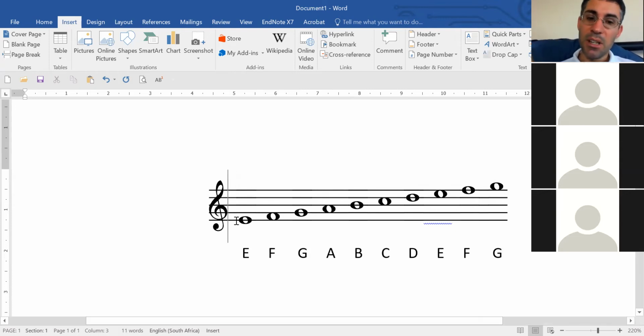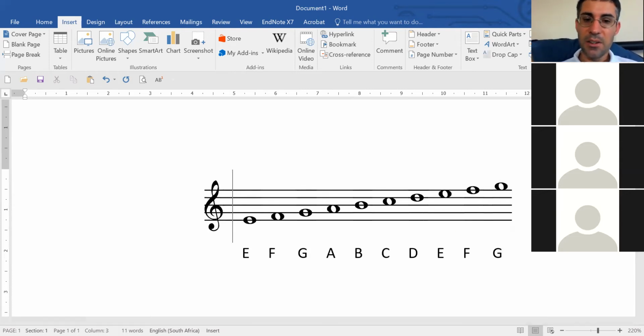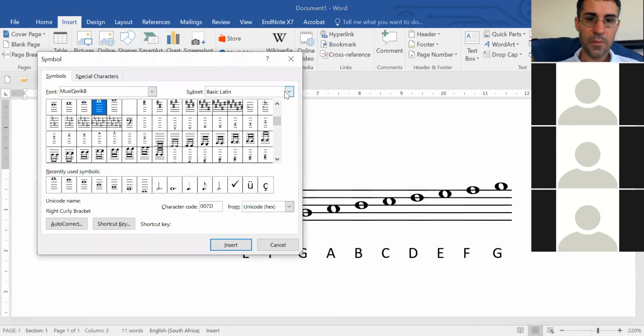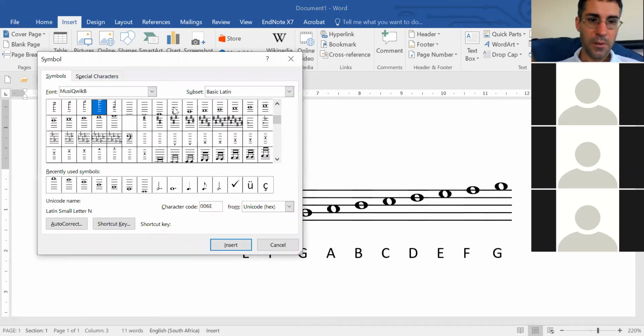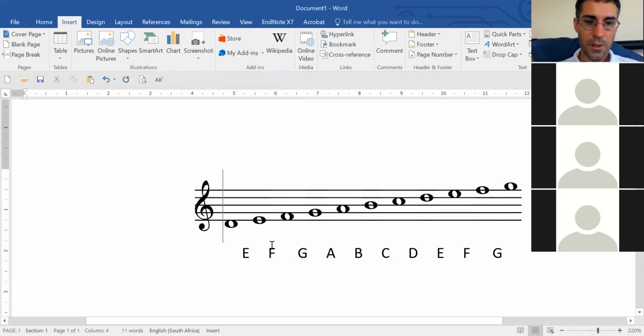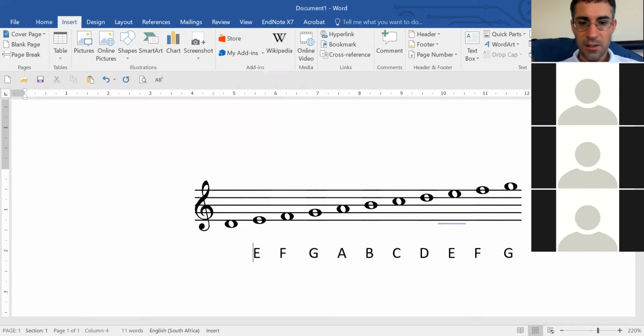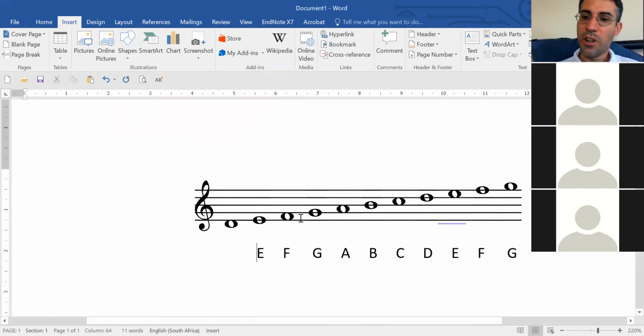The same thing if I did, let me add a note in here. Just move these here. Right, now we are going a bit backwards, okay? We've got G, we've got F, we've got E. What comes just before E?